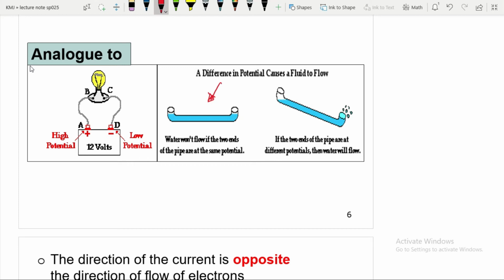When there is no potential, the water won't flow. So it is the same with current, the current won't flow if there is no electric potential. Okay, but if there is a potential difference, you see here there is a high level and a low level, so you will see the water will flow down. So that's the analogy for current.